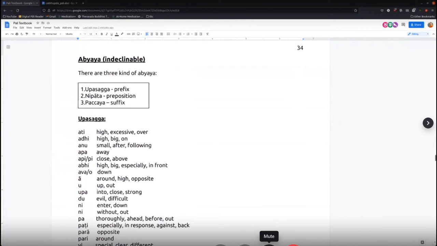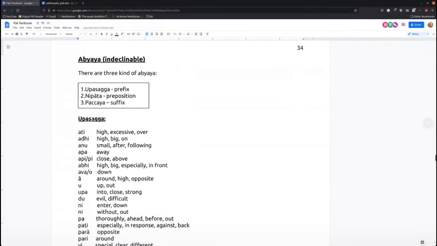I'm gonna search it. Yeah, I think nipata is like an interjection, maybe. And so the Sutta Nipata was because it's short verses. Or it's verses. Something to do with the length, maybe.